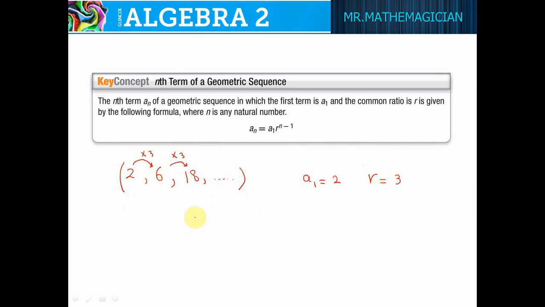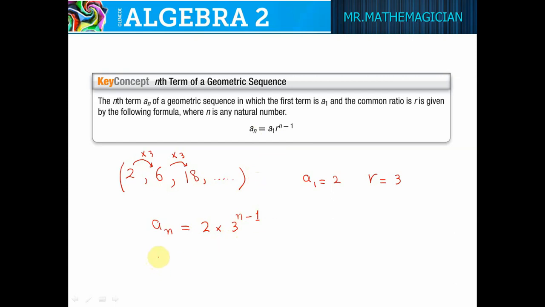So in this case, an, which is the nth term that can generate any other term, is a1, which is 2, multiplied by r, which is 3, to the power of n minus 1. Such that you can find the fourth or the fifth or the sixth term.